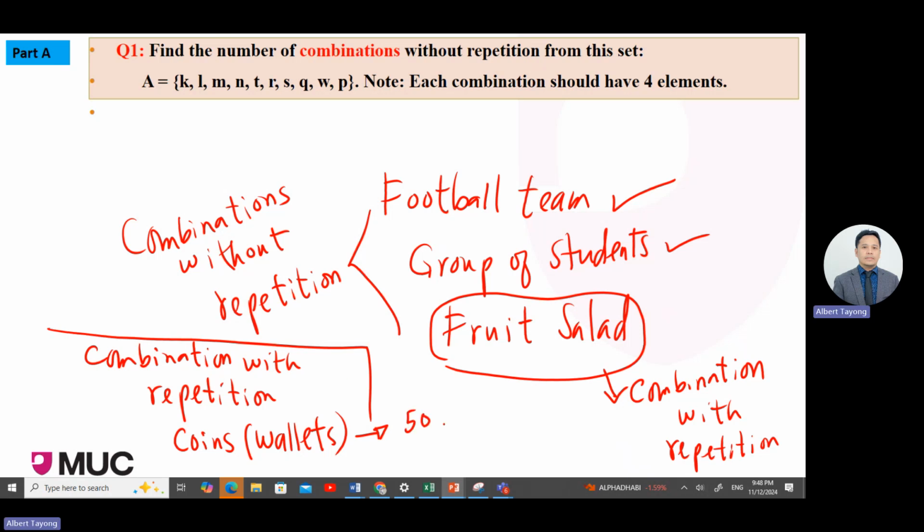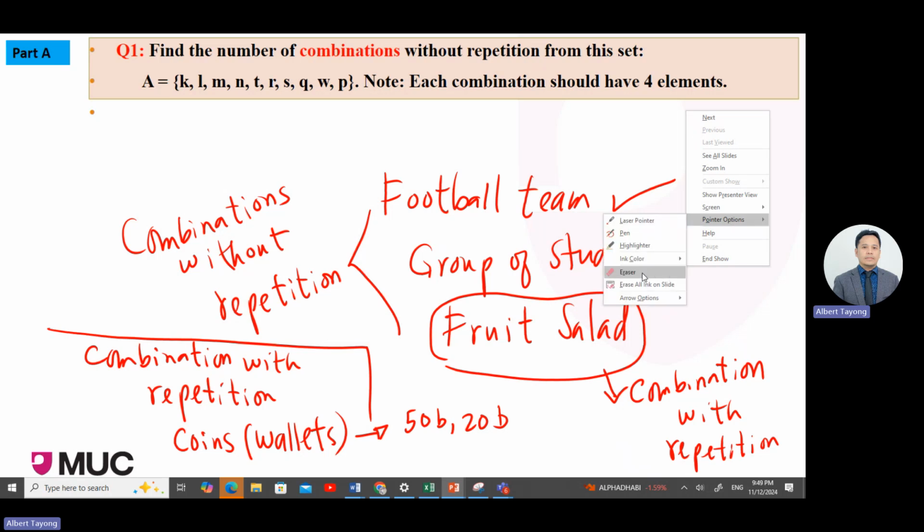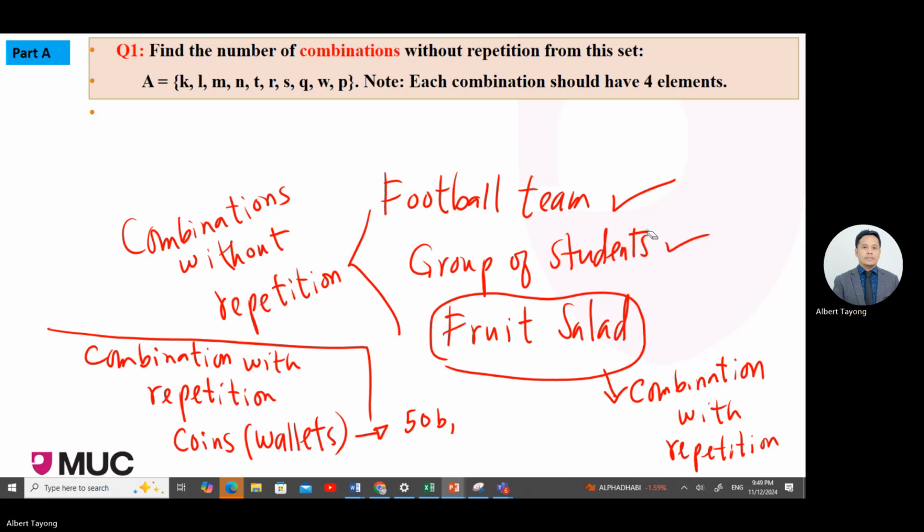It could be 50 paisa, it could be 20 paisa, it could be 10 paisa, it could be 50 paisa again, it can be 25 paisa. And again, 50 is repeated. So in this scenario, in your wallet, you have 3 coins of 50 paisa and 1 coin of 25 paisa, for example.